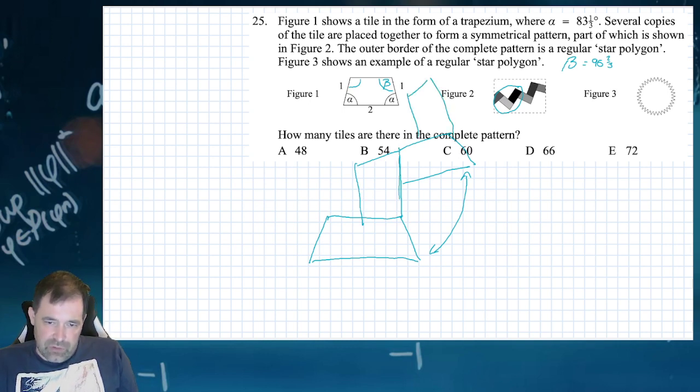Well, this length's 2, so that's 1 and that's 1. We know that that is alpha plus beta. And that's straight, so I've drawn it badly, that's straight down there.